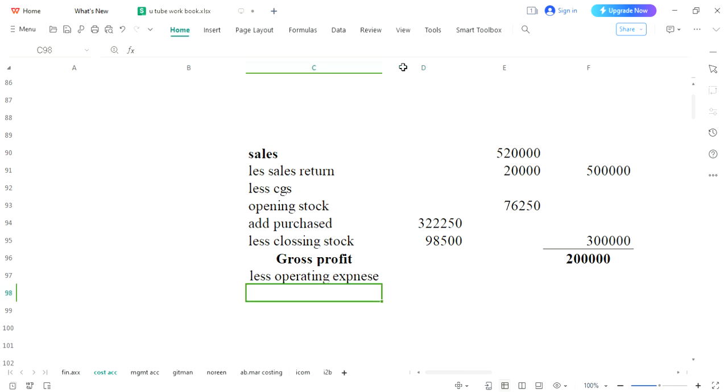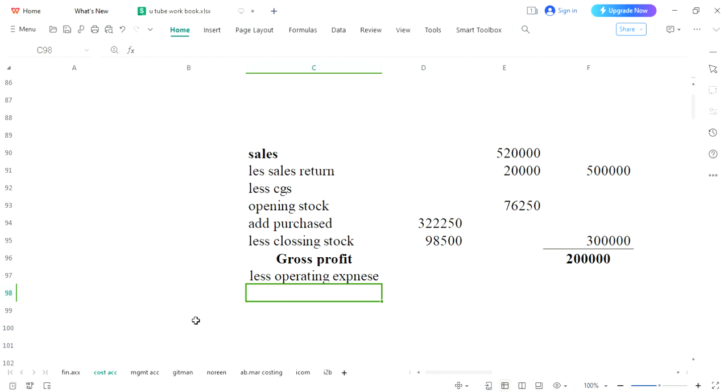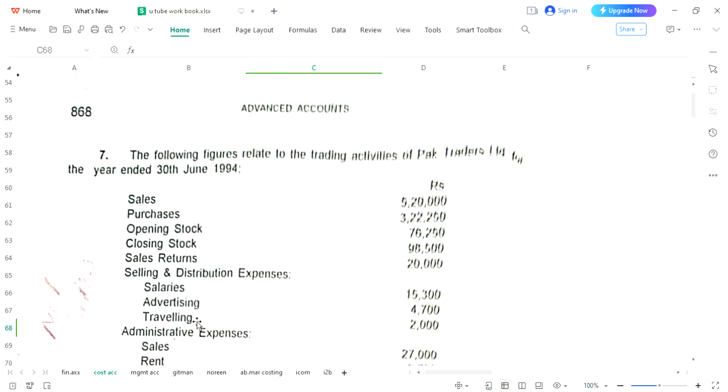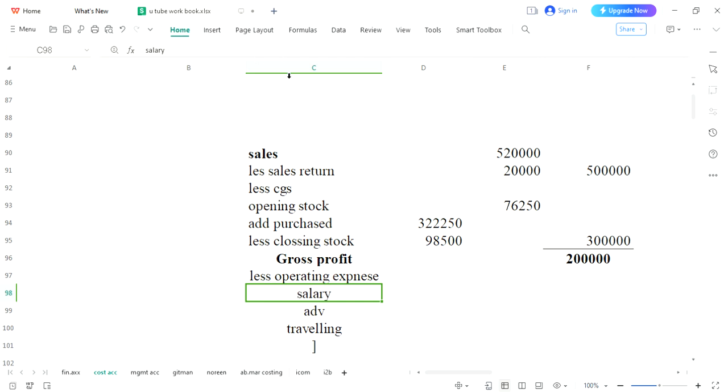Operating expenses are starting from here: salary, advertising, traveling. So just write down salary, advertising, and the last is traveling. Okay guys, so we have three expenses related to operating.